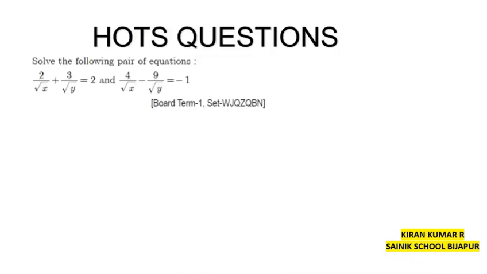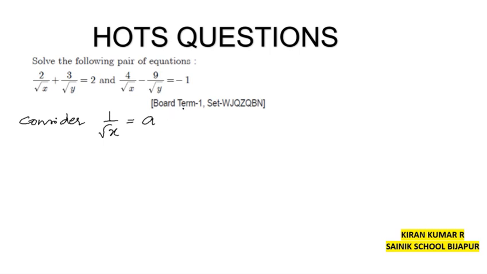Now let us move on to higher, harder thinking skill questions. Here I have two equations. They are having something like root x, root y. So what shall we do in such cases? Let me consider 1 upon root x to be some variable.